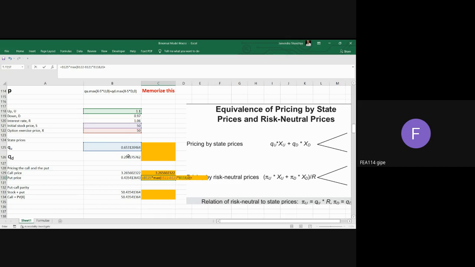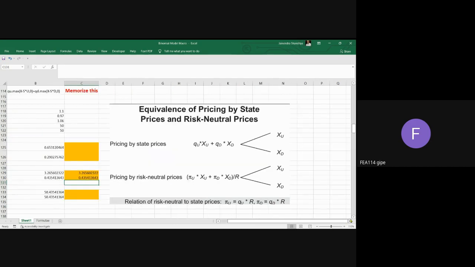And then QD into the maximum of exercise price again, which is 50 here, minus stock price into the downside movement, because this time we are going in the other direction. I take this value and enter, and I got the put option price as 0.4354, which is close to 0.44. So 3.265 is the call option price, and 0.44 is the put option price.